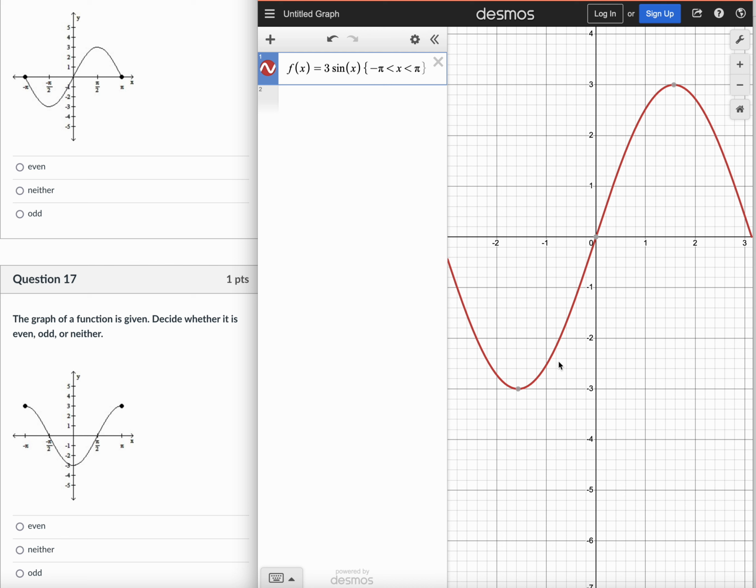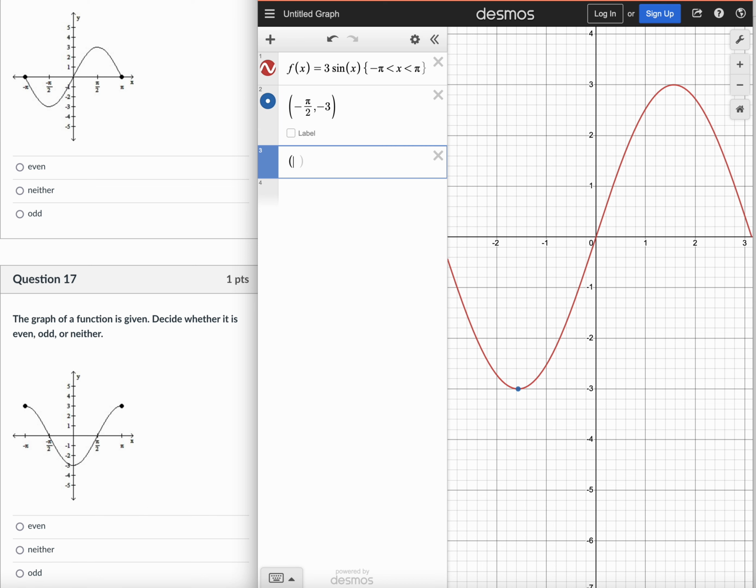Then you can see there is another point, which is positive pi over 2 and positive 3. Here, you may put negative pi over 2 and negative 3 will be this point.